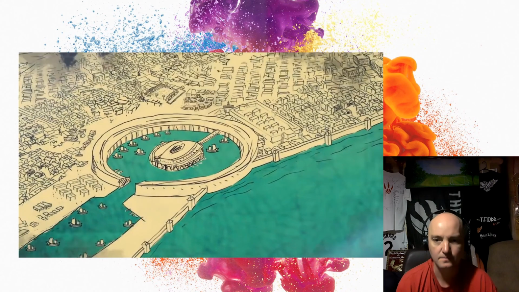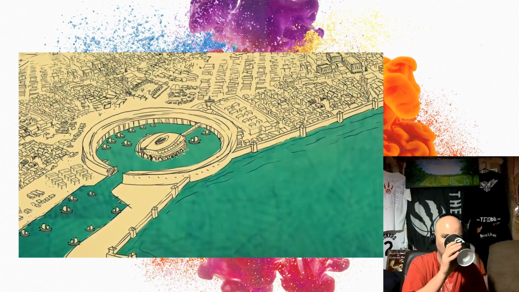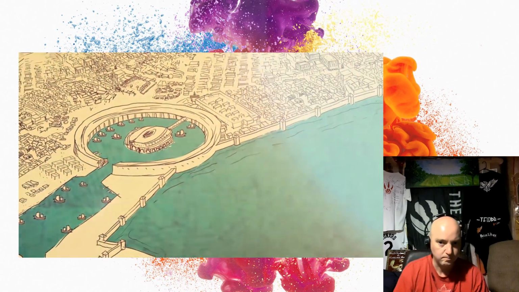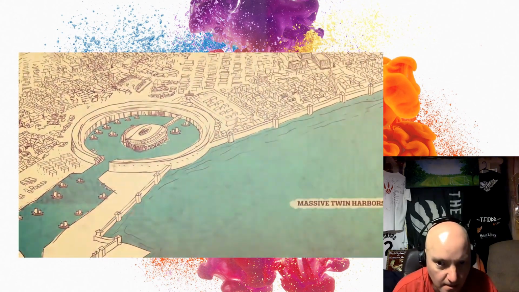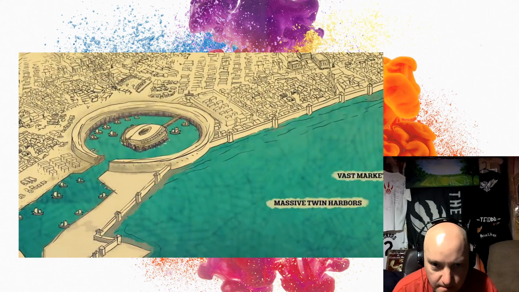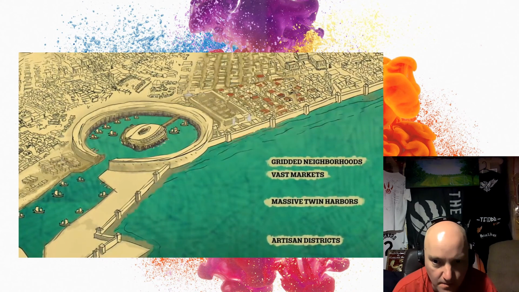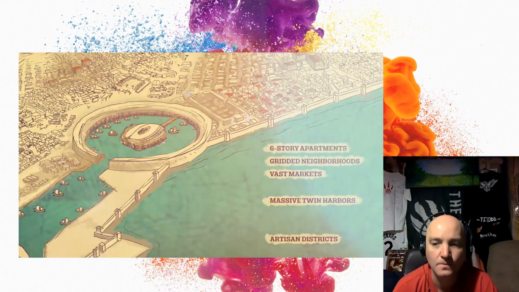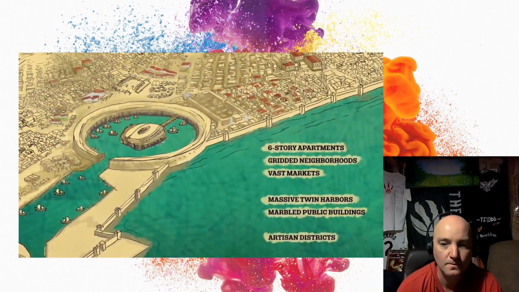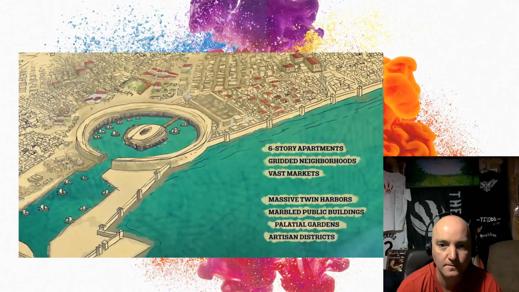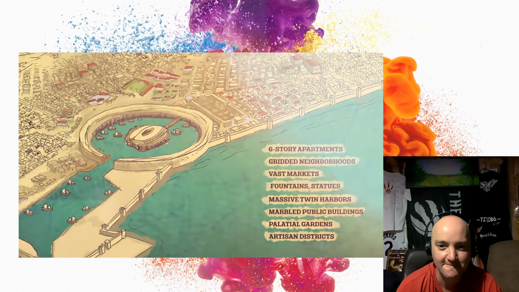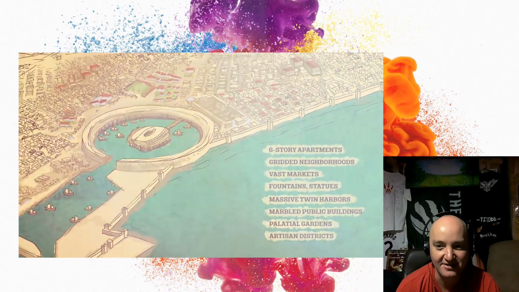These would have existed side by side with other proud edifices of Carthaginian culture. Massive twin harbours, vast markets, artisan districts, gridded neighbourhoods, 6-storey apartments, marbled public buildings, palatial gardens, fountains, statues, and all kinds of other structures.